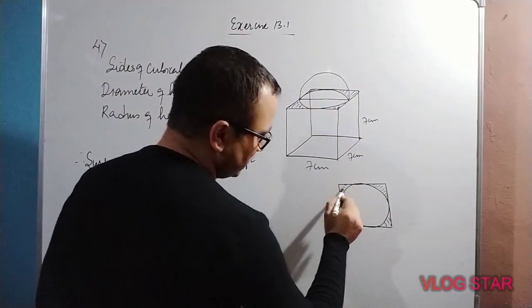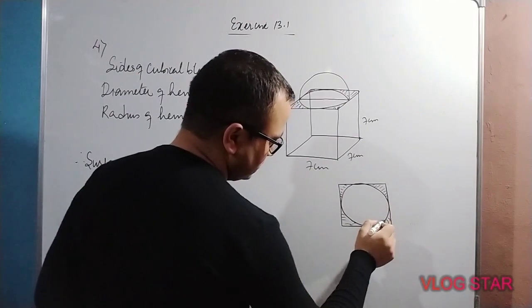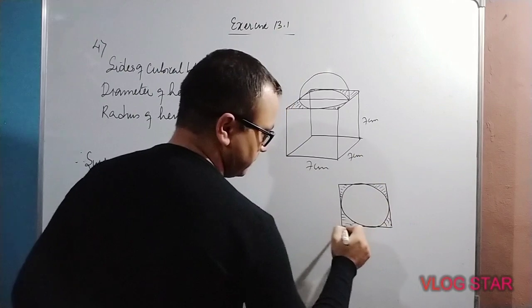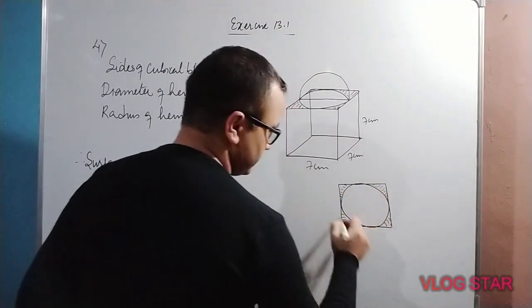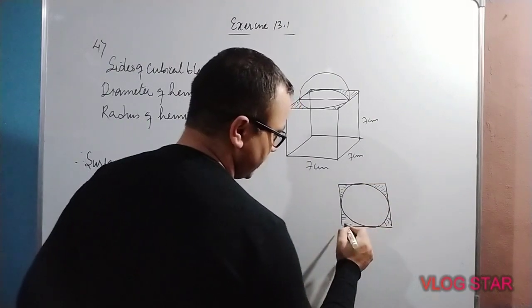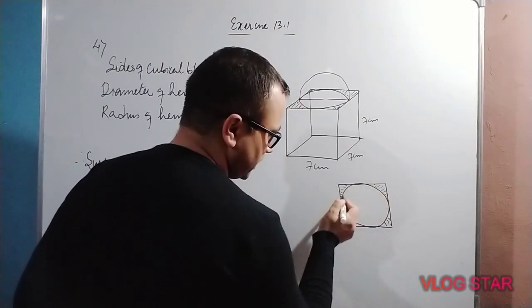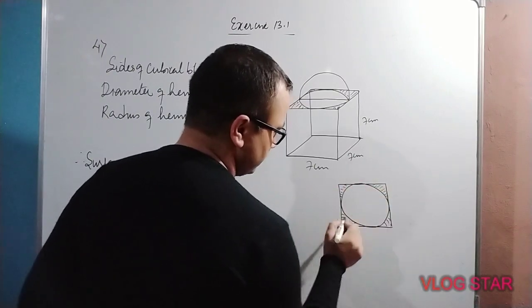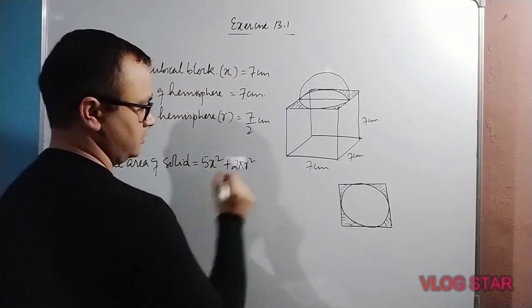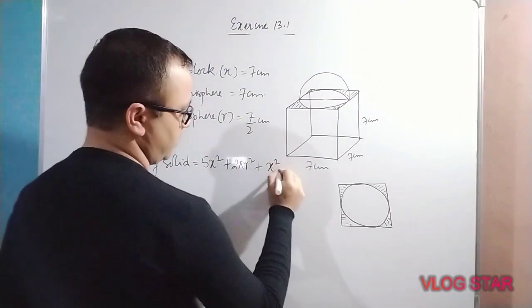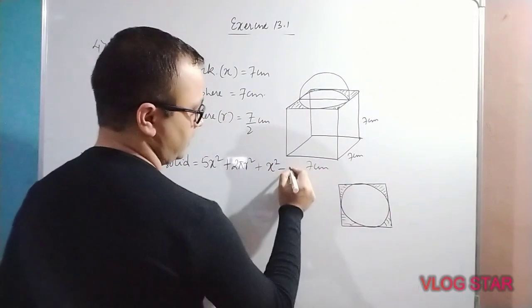For the uncovered face, this is the square. Now we have to do area of square minus area of circle. You will get the area of the uncovered part. So plus area of square, which is side square, minus area of circle, which is pi r square.